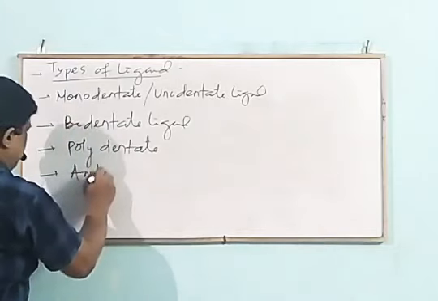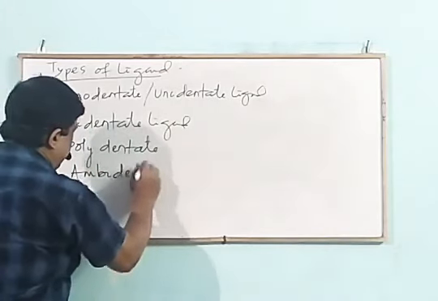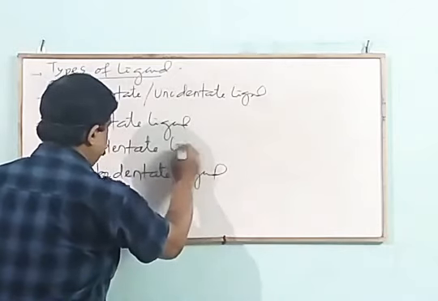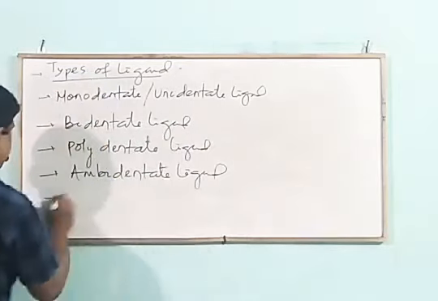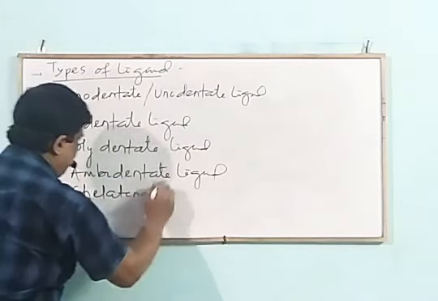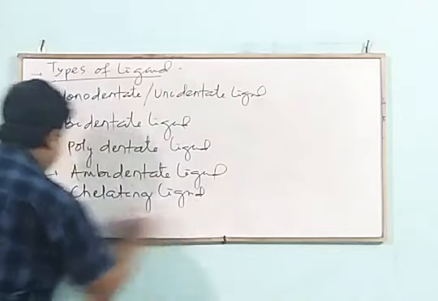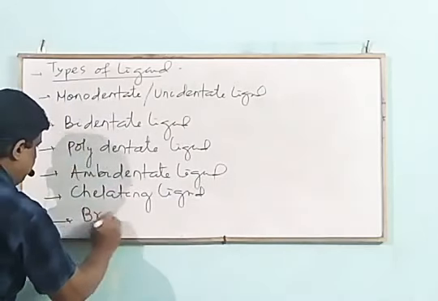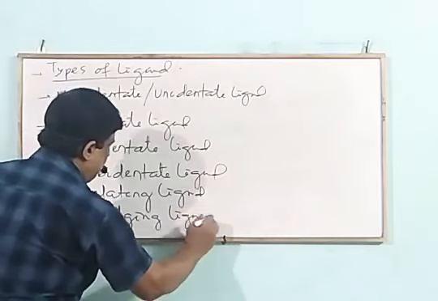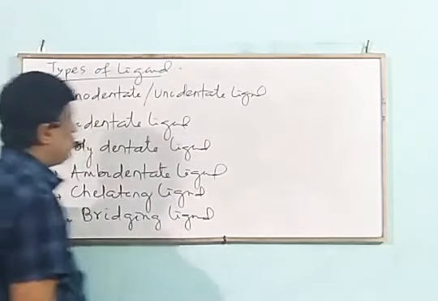Next is ambidentate ligand. Next is chelating ligand. Next is bridging ligand. Let us discuss one by one.